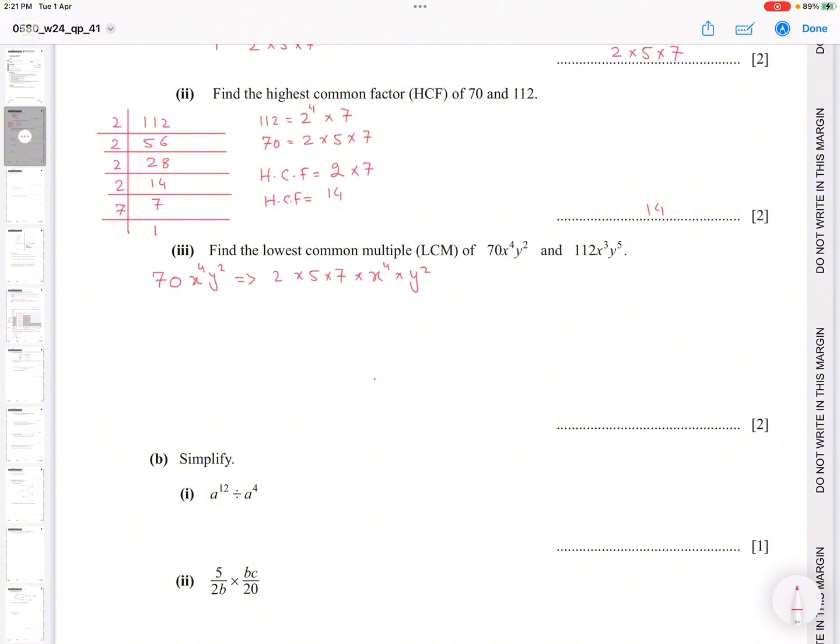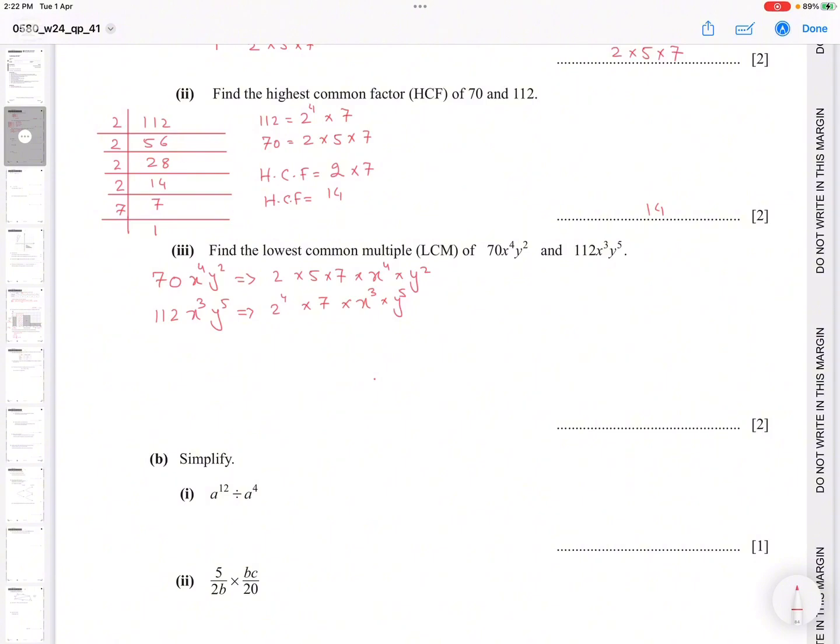In the same way, 112 x power 3, y power 5 gives us 2 power 4. We have already calculated the prime factors of 70 and 112. So into 7 into x power 3 into y power 5.